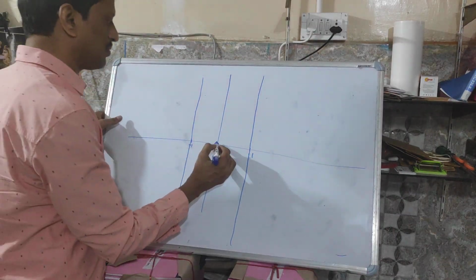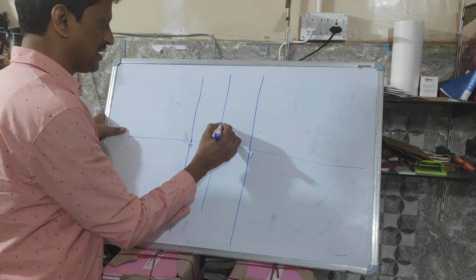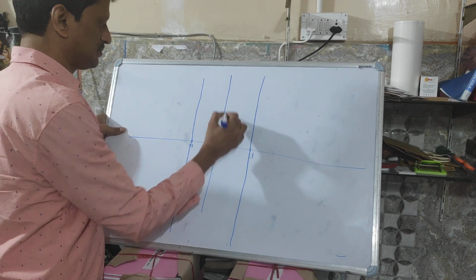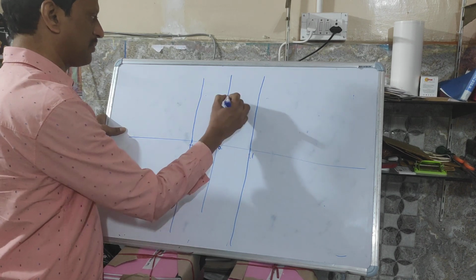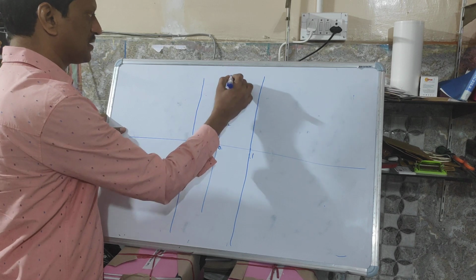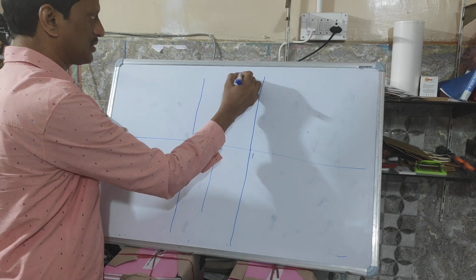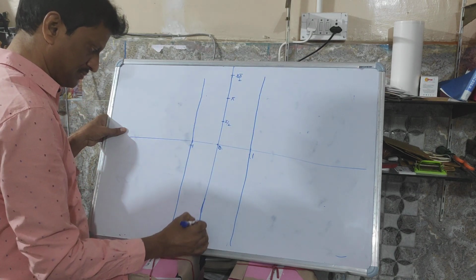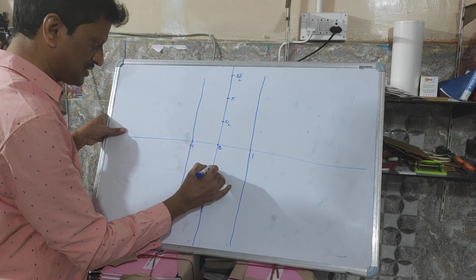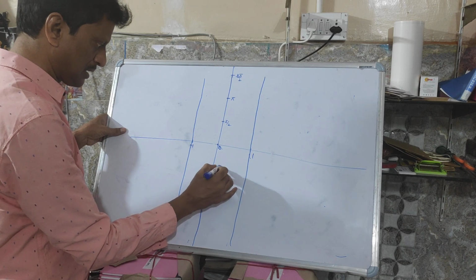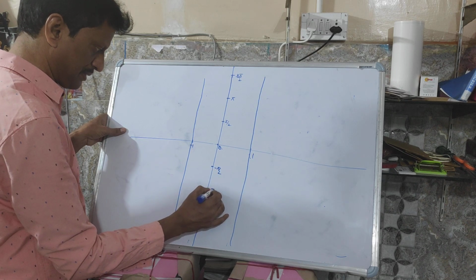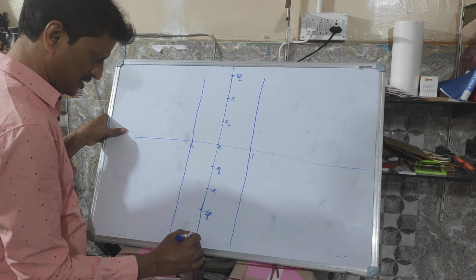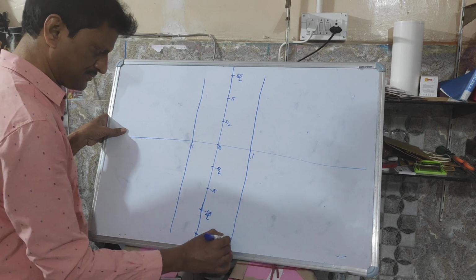Now on the range values, I am taking pi by 2 as each unit interval: pi by 2, next pi, next 3 pi by 2, next 2 pi, like this. And here also minus pi by 2, minus pi, minus 3 pi by 2, minus 2 pi, like this you can take.